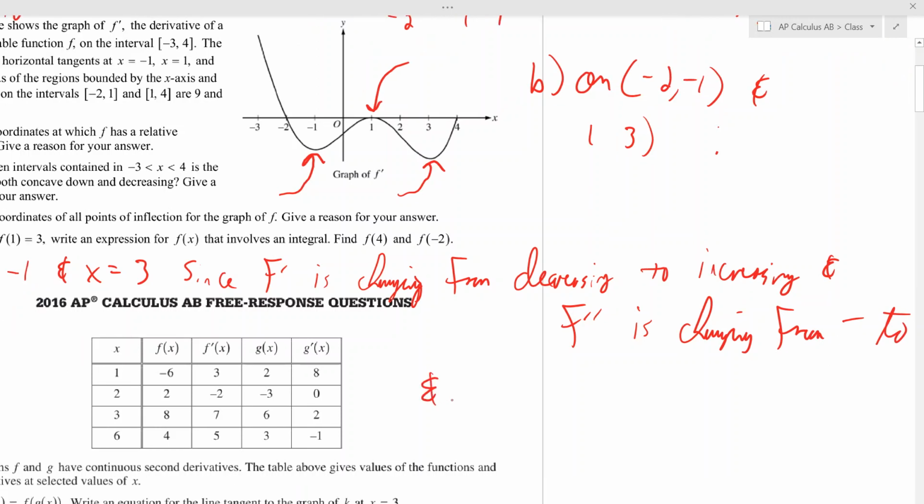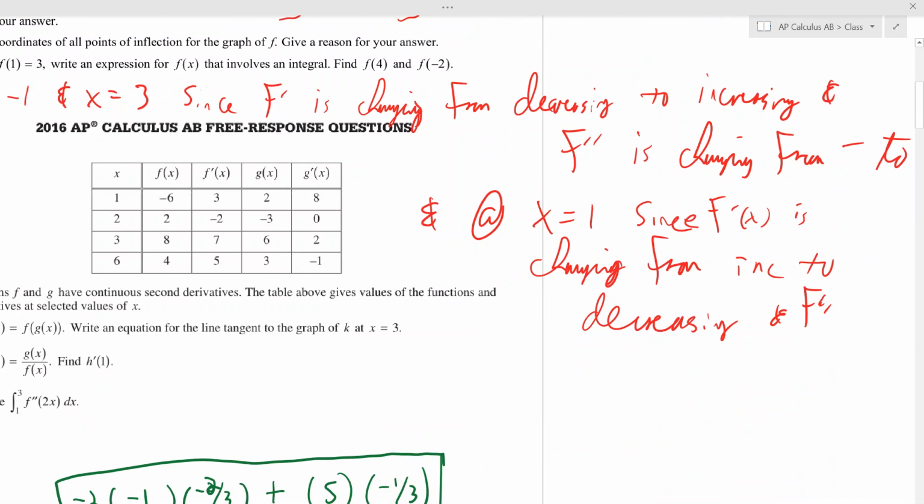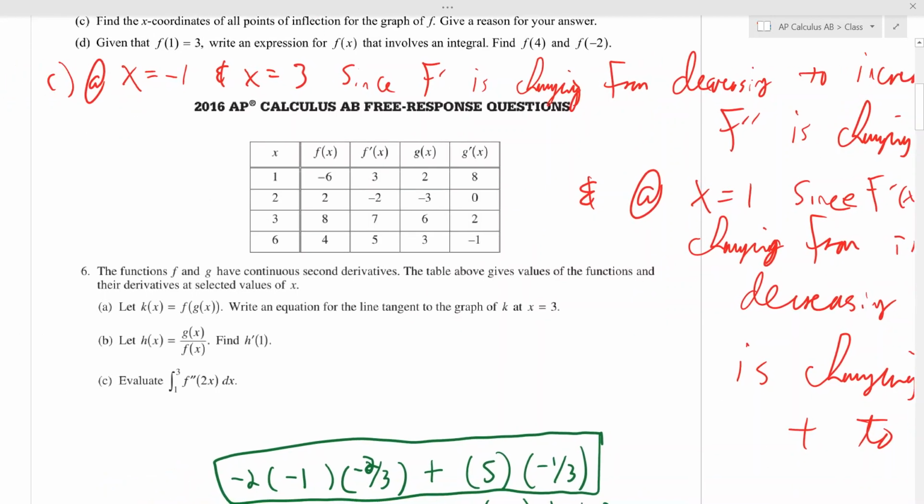And at x equals 1, since f prime of x is changing from increasing to decreasing, and f double prime is changing from positive to negative. There you go. Hang on one second.